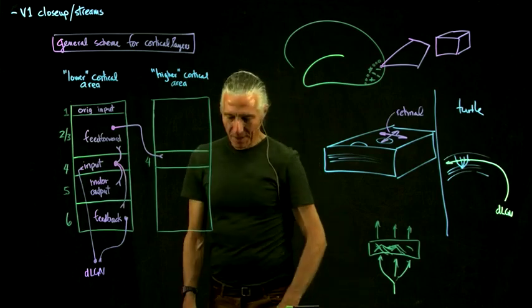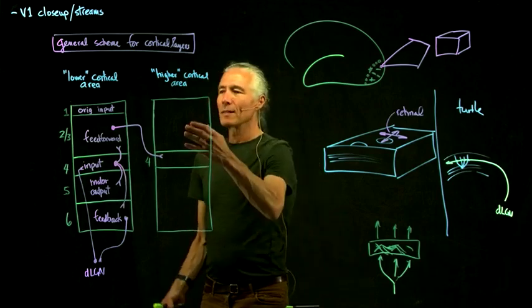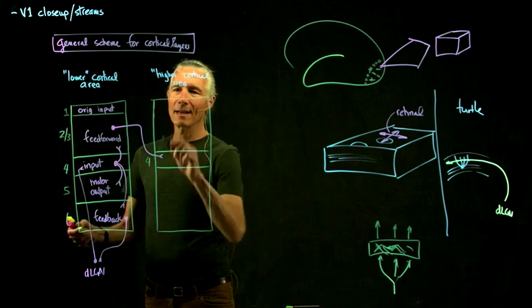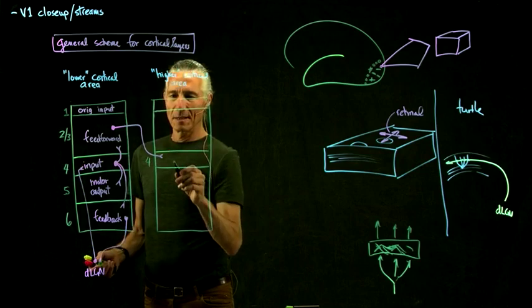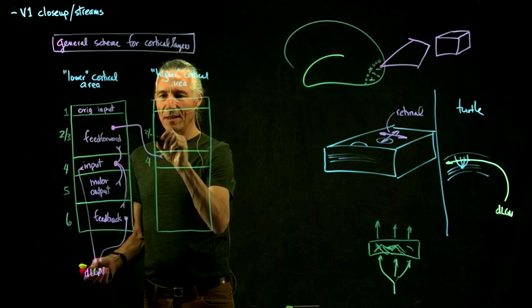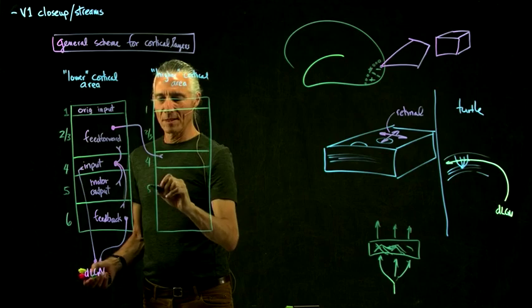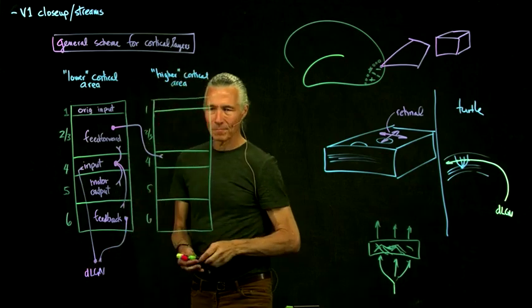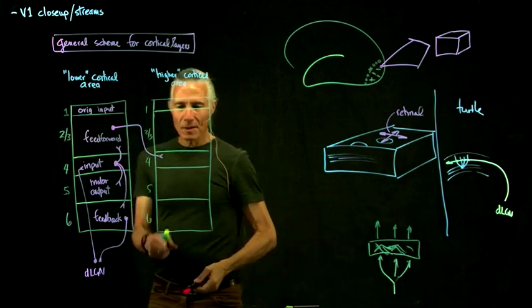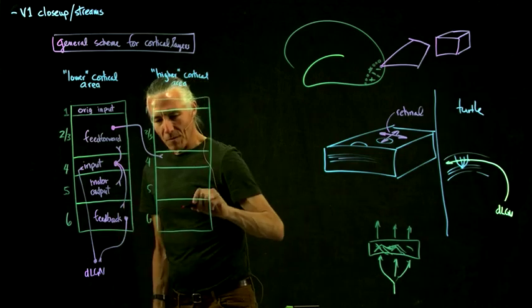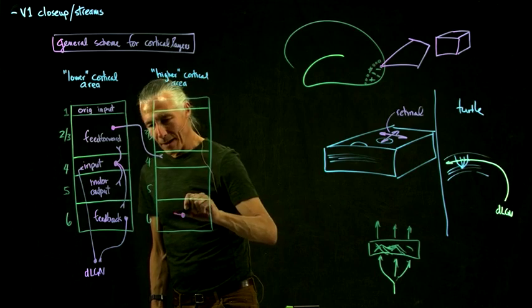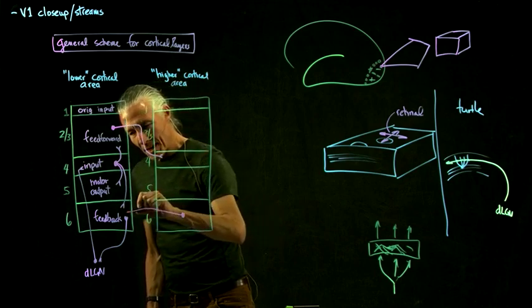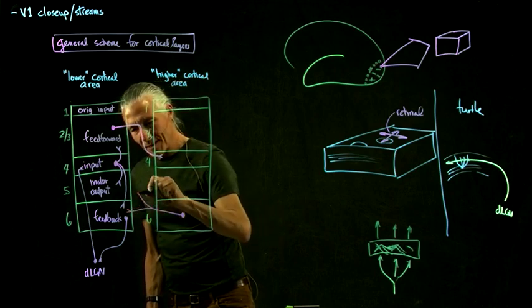Now, if we go up to this higher cortical area, it's got a layer 1, and layer 2, 3. There's 1, 2, 3, 5, and 6. And then if we look at the feedback, what you clearly see is that the feedback comes and it basically just avoids layer 4.